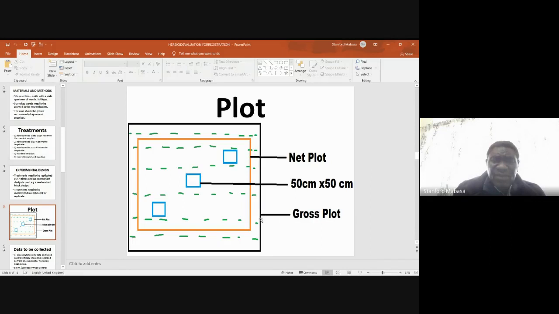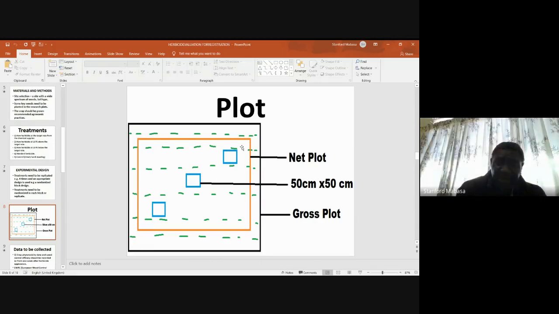So this could be the gross plot. There should be a net plot where harvesting of the crop and the weeds is done, to be used later for analysis. So weeds can be taken from 50 by 50 centimeter quadrats, which are put diagonally. They can be at random.